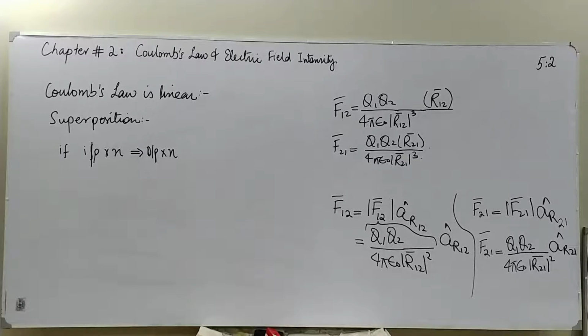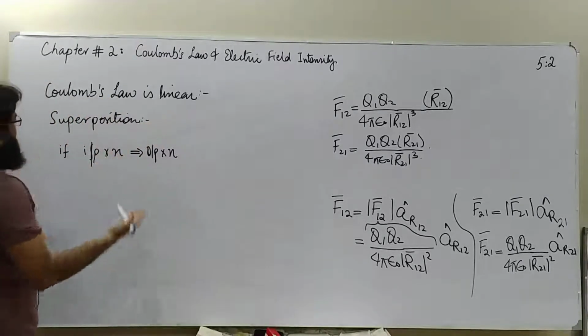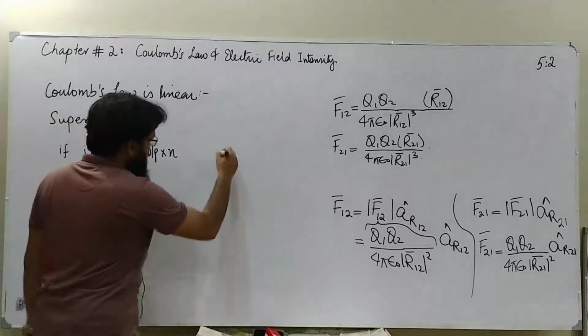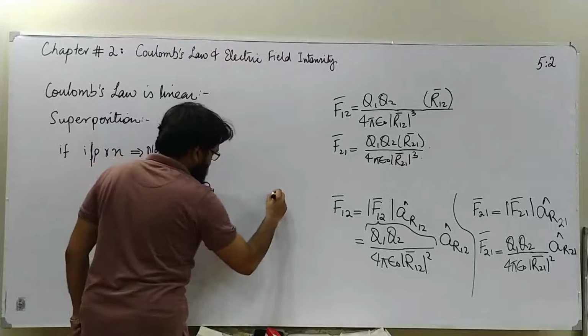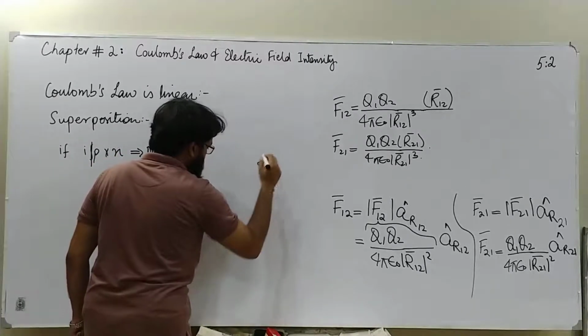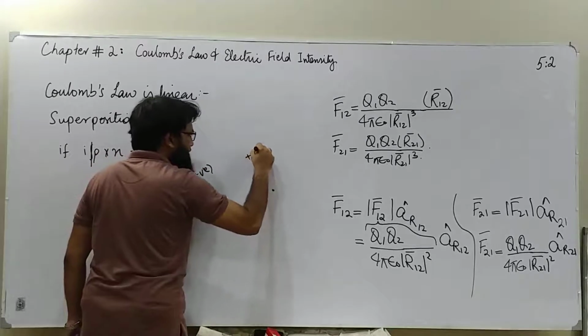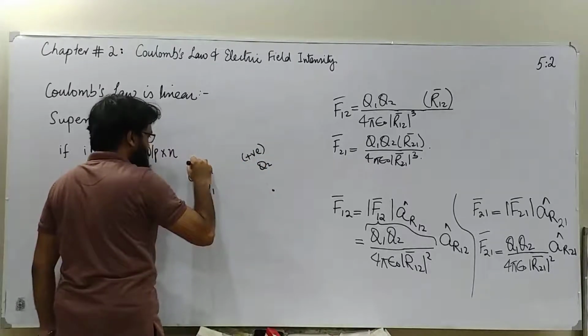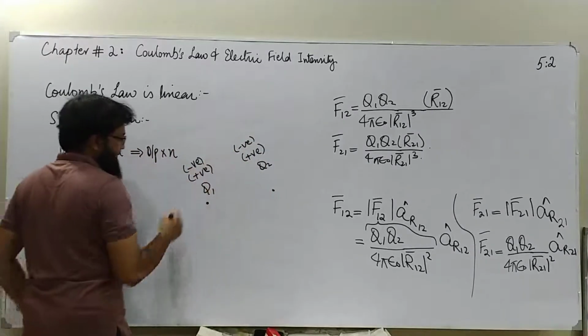All right. So, what does it mean that Coulomb's law is linear? Let's say I have this point charge Q1 here, and this point charge is Q2. Let's say both are positive or both negative. I mean, both are like charges, meaning that in any case both will repel each other.